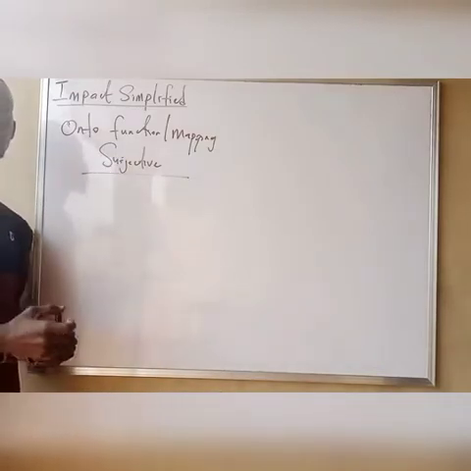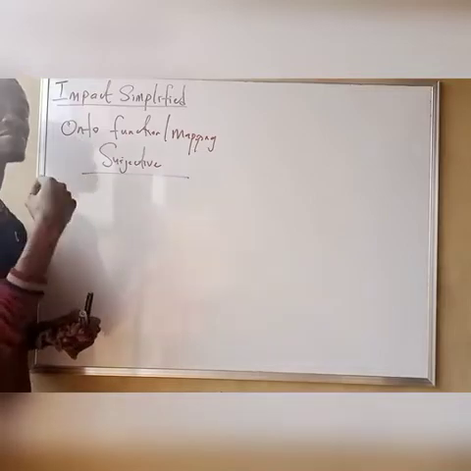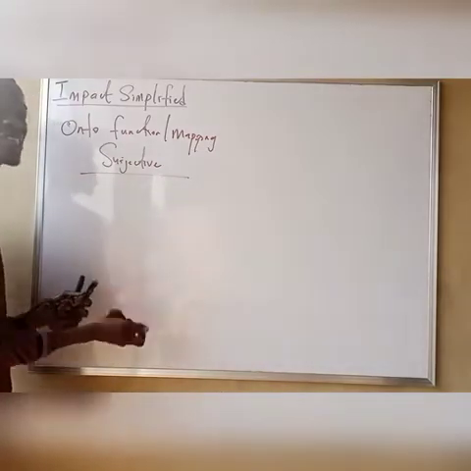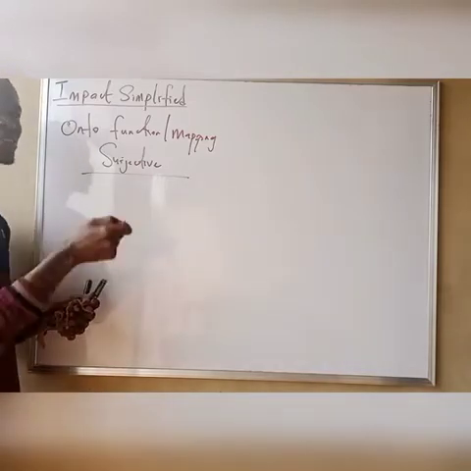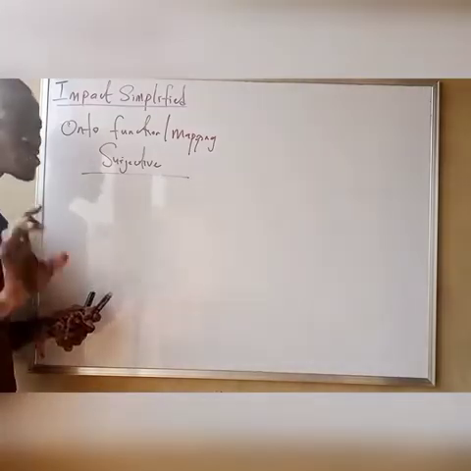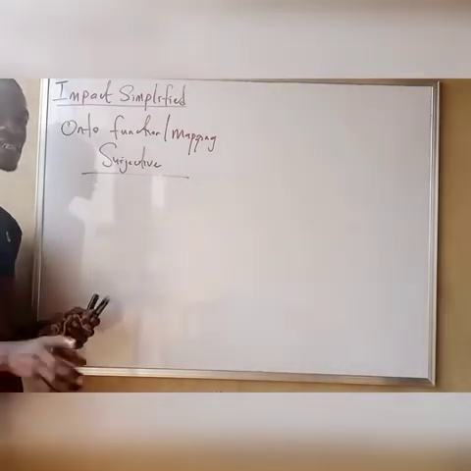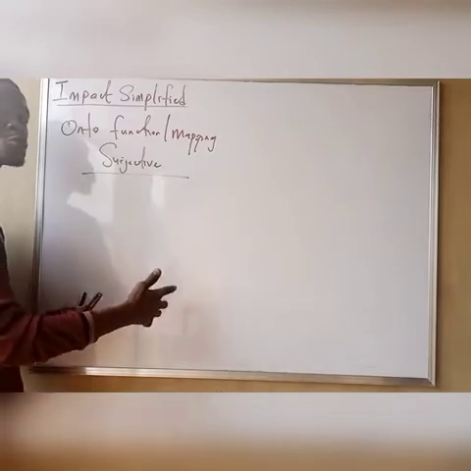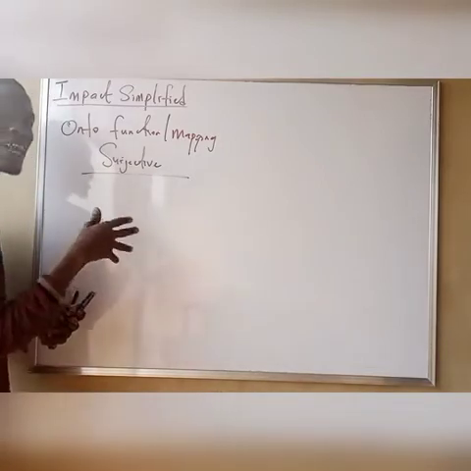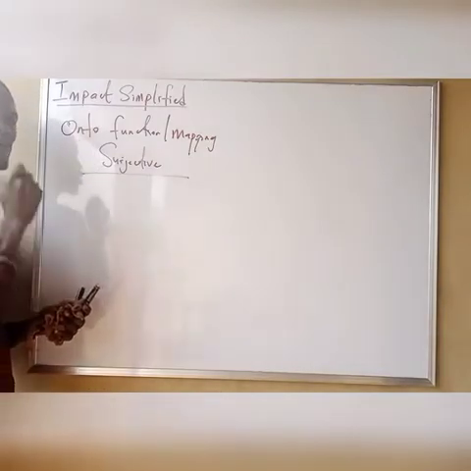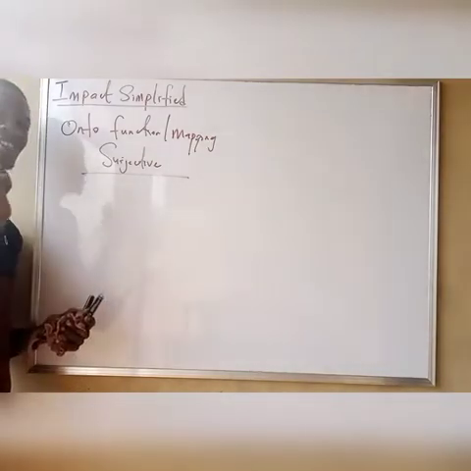Surjective mapping simply means that every element in the codomain has at least one element, or one pre-image, in the domain. Do we get that? Surjective mapping again means every element in the codomain, which is the output variable, has at least one element or pre-image in the domain.